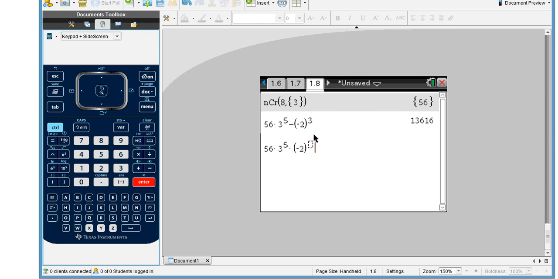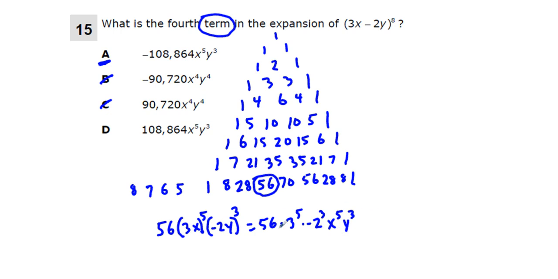Let's get that syntax right. Cubed. So negative 108,864 x to the 5th y cubed. What is that? Yeah, answer choice A.